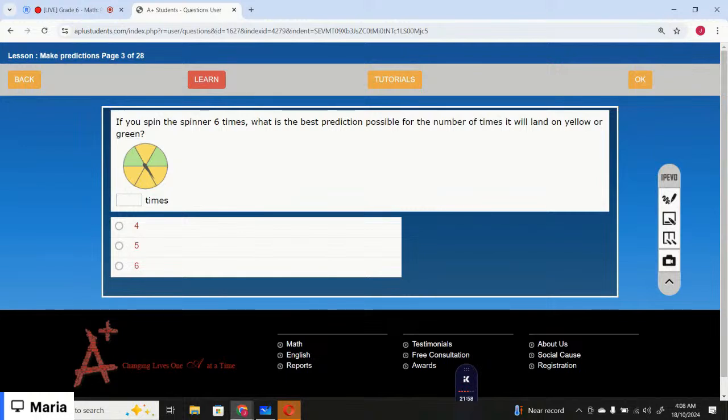That is, yes, that is 6, because the probability of green or yellow is 6 by 6, that is 1. So the correct option is 6, and 1 times 6 is 6. Option number 3 is the correct option.